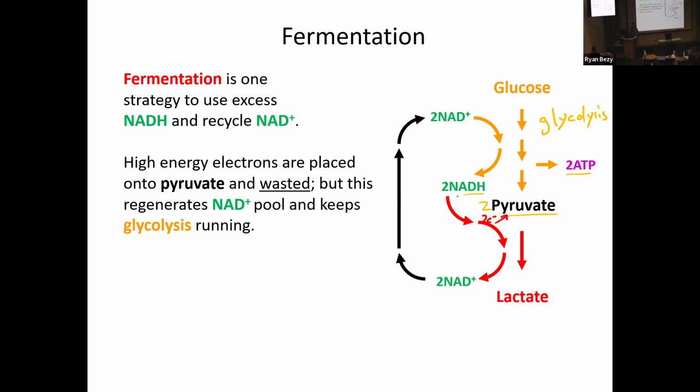What it also does, though, is as those electrons come off of NADH, it regenerates NAD+. NAD+ will feed back into glycolysis and keep it running. So fermentation, high energy electrons off of NADH are placed onto pyruvate. That regenerates NAD+ and keeps glycolysis running.